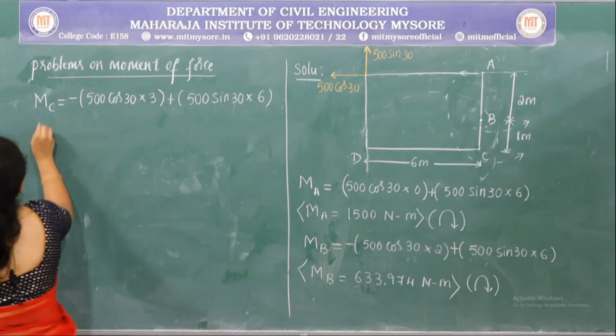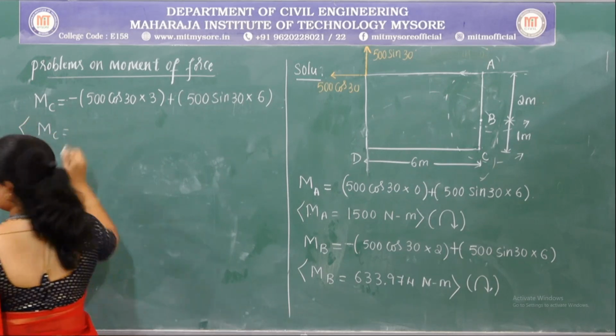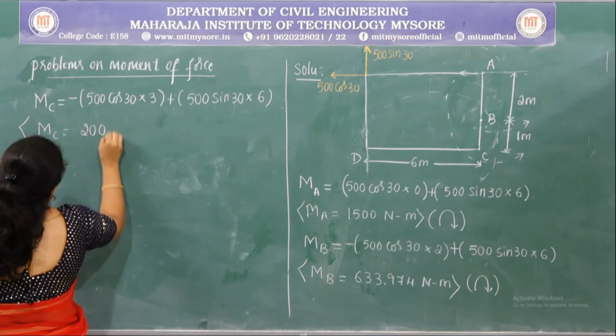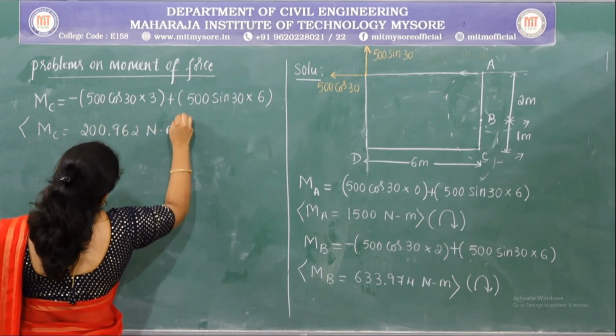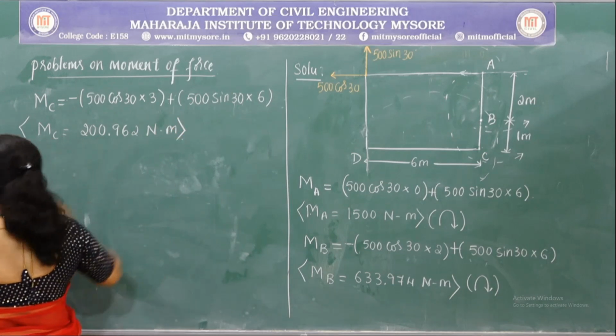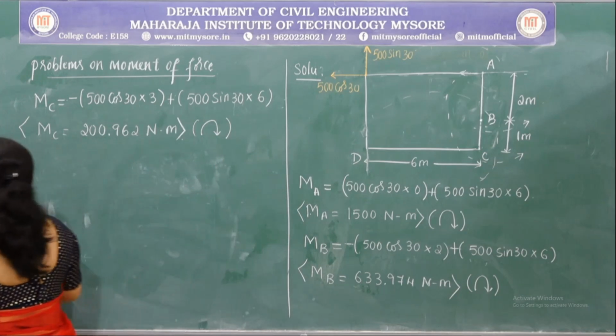So this becomes 200.962 Newton meters and the direction is clockwise.